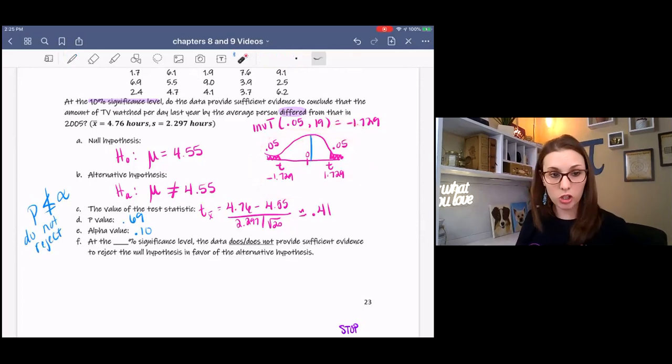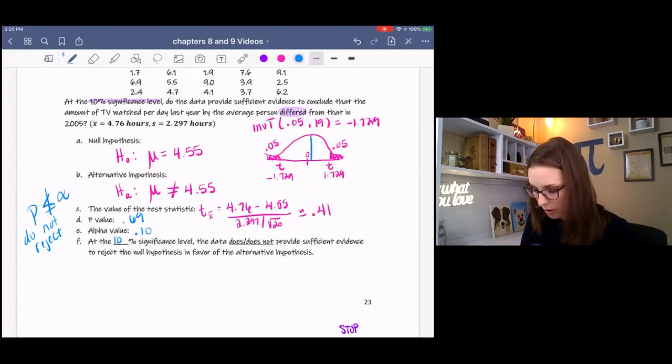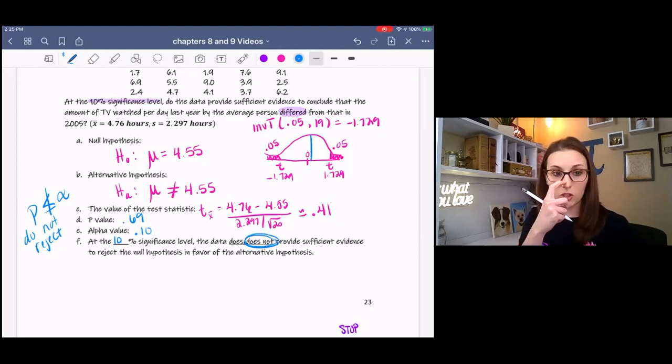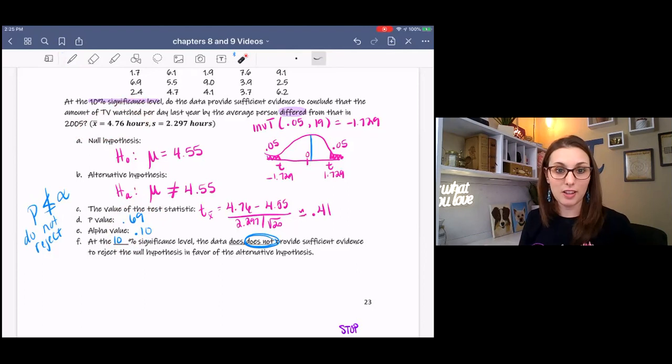It's in the non-rejection region. So at the 10% significance level, the data does not provide sufficient evidence to reject the null. We cannot reject the null because there was a high enough probability that, if the null were true, this is the probability of getting this test statistic. So it's pretty high, which means we can't reject the null hypothesis.